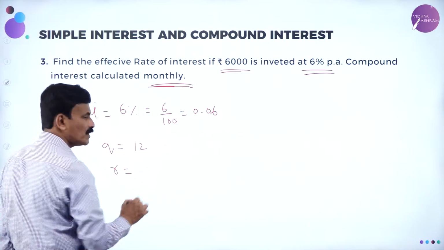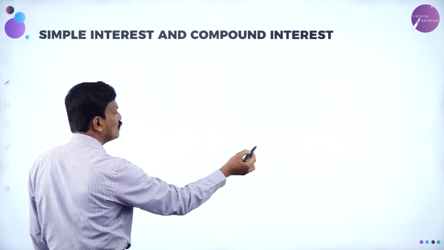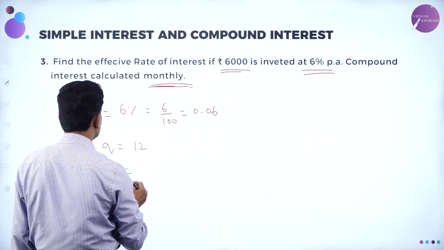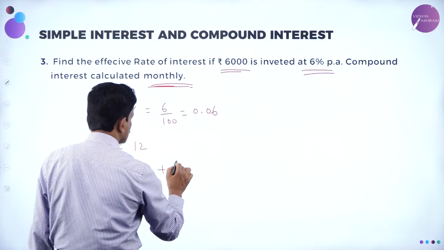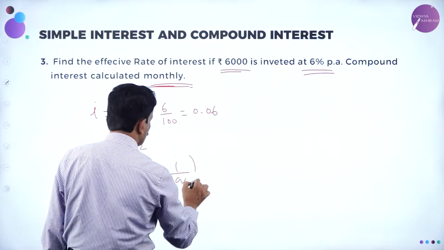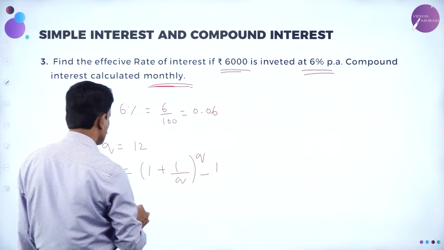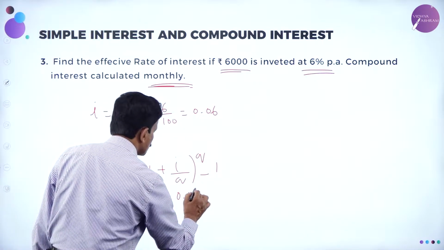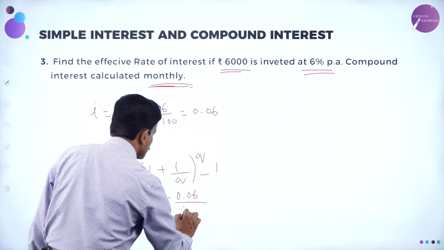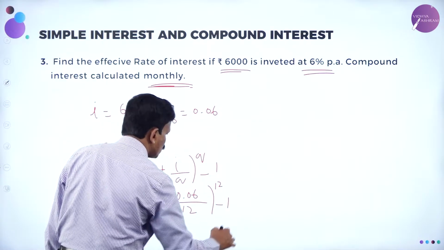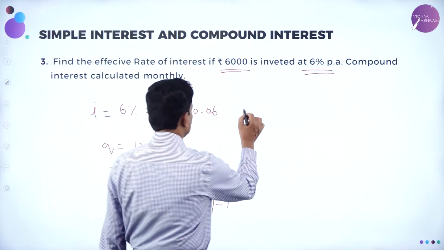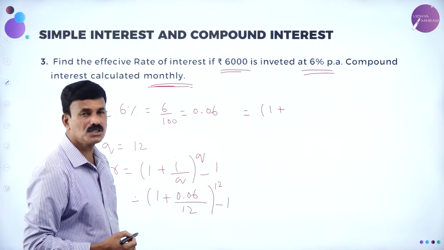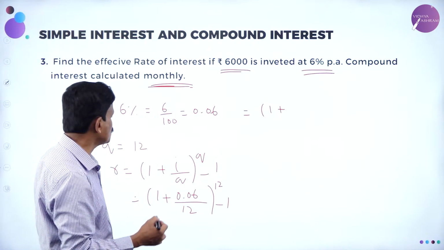What is our effective rate of interest? R is equal to, what is the formula we used in the previous problem? (1 plus I by Q) whole raised to Q, minus 1. So that is equal to (1 plus 0.06 divided by 12) whole raised to 12, minus 1.